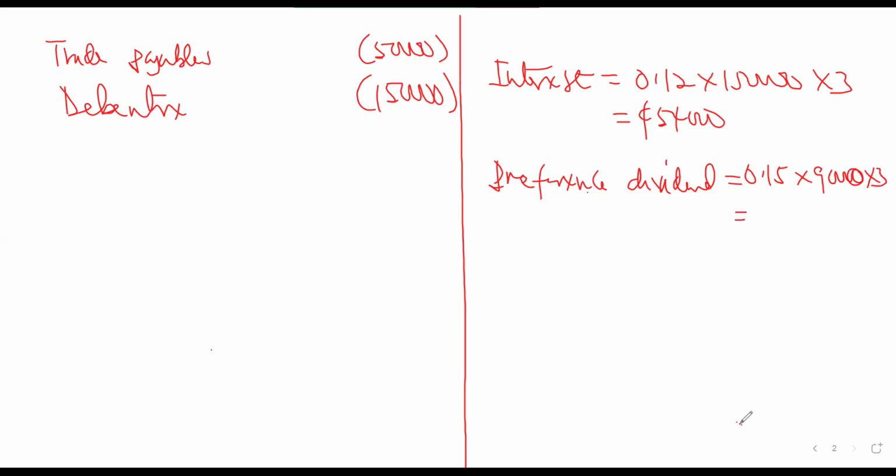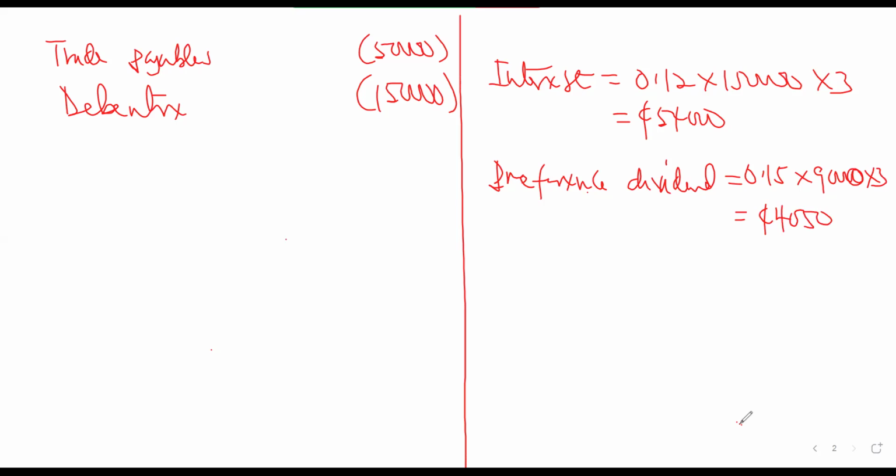It's 4,050. So we have 4,050. So let's now put all the unsecured creditors together.